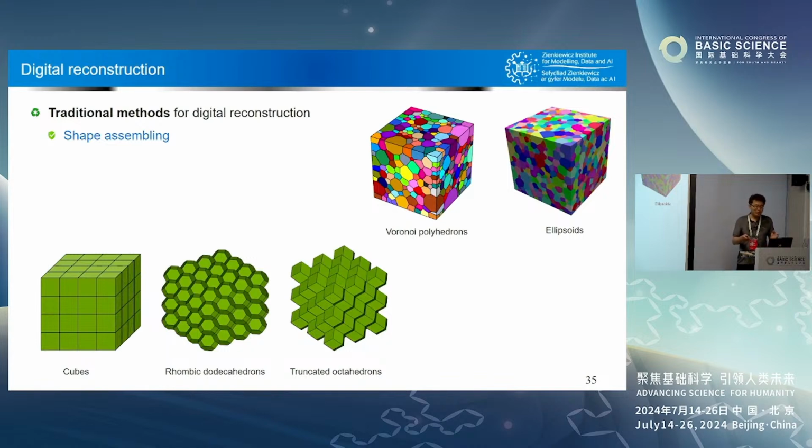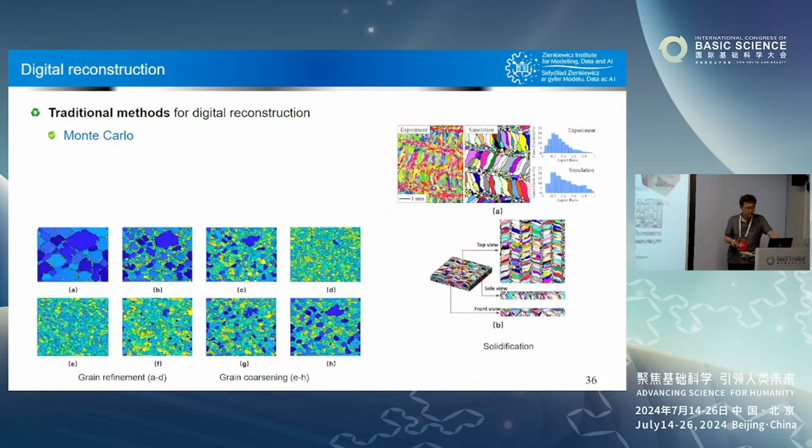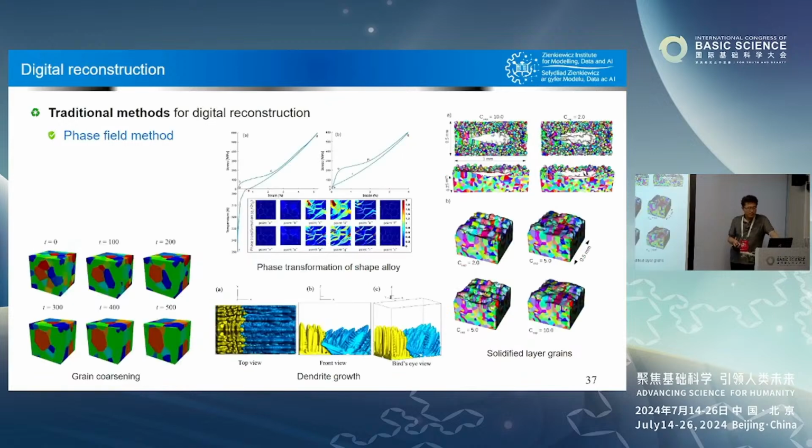By doing that, you might want to control your grain size distribution, so that your correlation function and your path function match your descriptors, etc. Phase field method is another one.